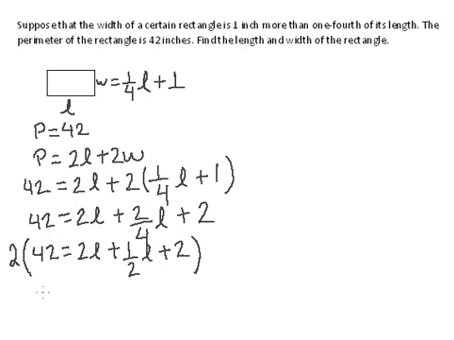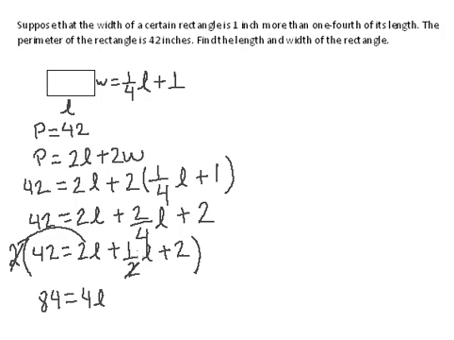So 2 times 42 is 84. 2 times 2L, it's 4L. 2 times 1/2, we can cancel the 2's.